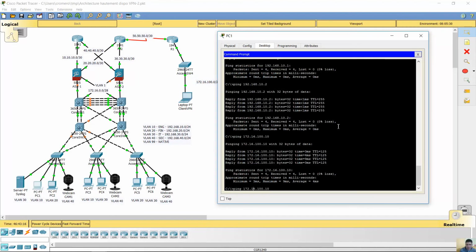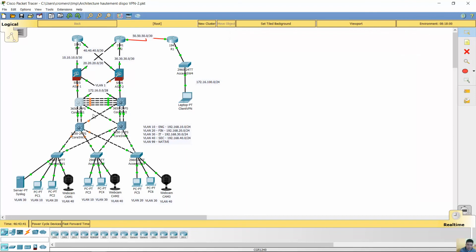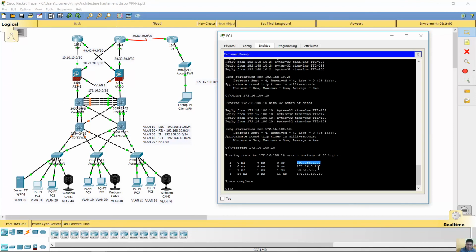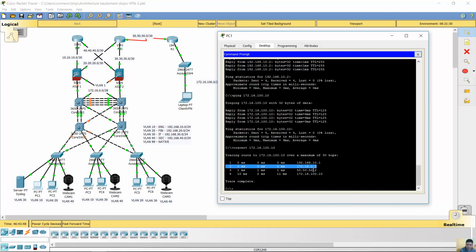And tracert to the VPN client, and that is the proof that the VPN is working successfully, because you will have only 4 hops. The first hop is your default gateway. The second hop is ASA1. The third hop is R1.